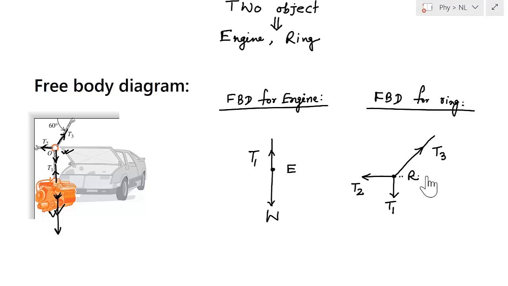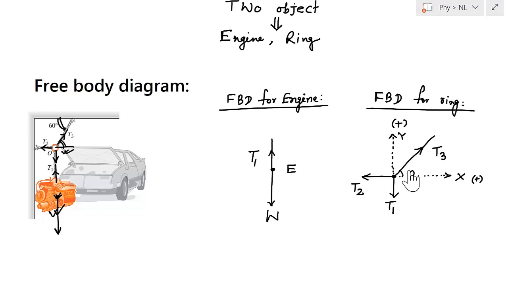Now let us call this the x-axis and this the y-axis. This is the positive direction of the x-axis, and this is the positive direction of the y-axis. If you see, this angle is 60 degrees, which means this angle is also 60 degrees.